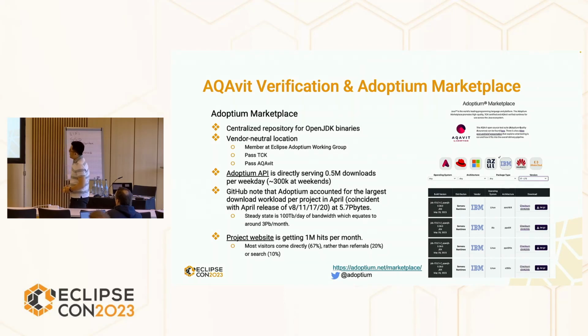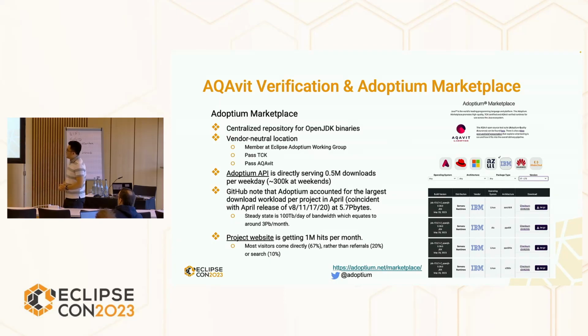Adoptium Marketplace is actually a centralized repository for OpenJDK binaries. To publish your JDKs on the Adoptium Marketplace, we have three requirements. First, you need to be a member of the Eclipse Adoptium working group. Then you need to pass the TCK. Also, you need to pass our AQAvit testing.